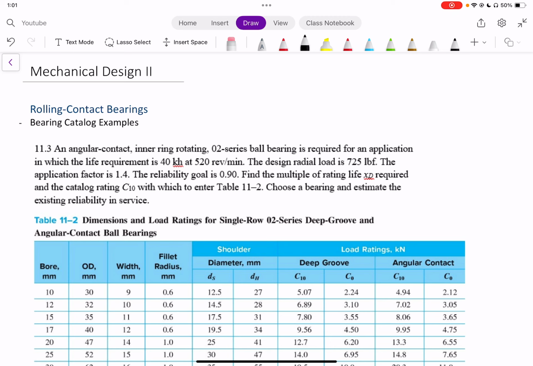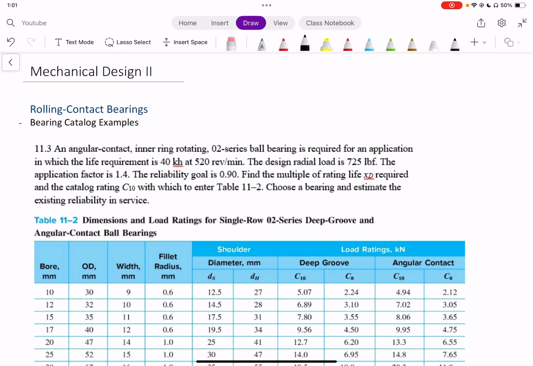The design radial load is 725 pound force, and the application factor is 1.4. The reliability goal is 0.9, and we're asked to find the multiple of rating life XD required in the catalog rating C10 with which to enter table 11.2. Choose a bearing and estimate the existing reliability in service. So a pretty complete problem with a lot of things to do.